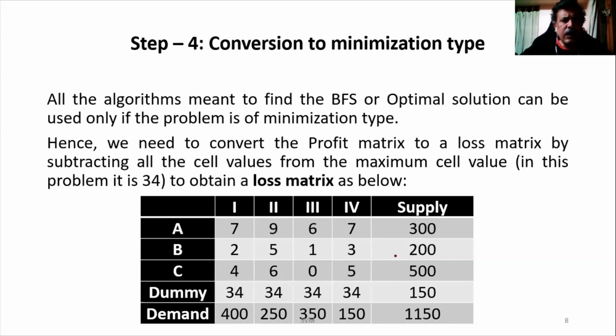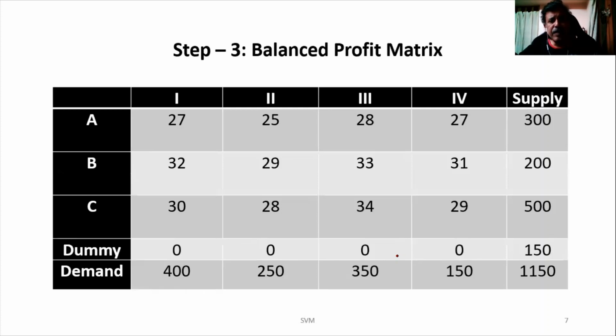Then any algorithm, if you want to use for finding the basic feasible solution or for finding the optimal solution, we need to ensure that the problem is of minimization type. But the earlier matrix we had is a profit matrix, which means the problem is a maximization type, so we are supposed to convert that into a minimization type.